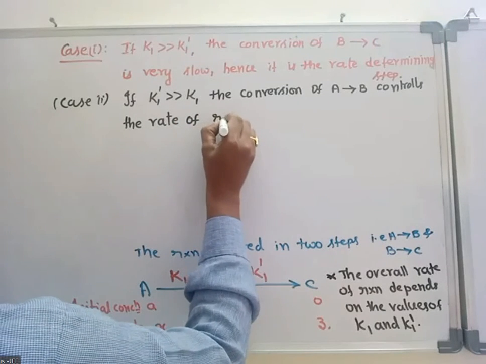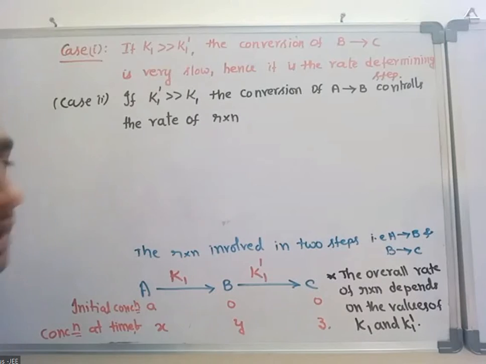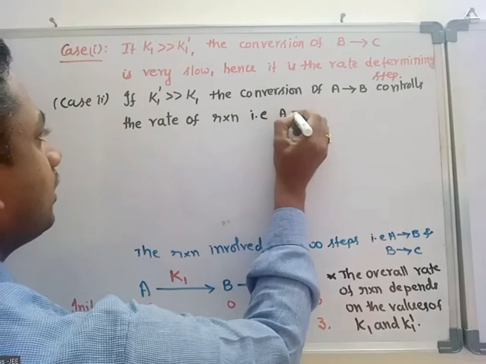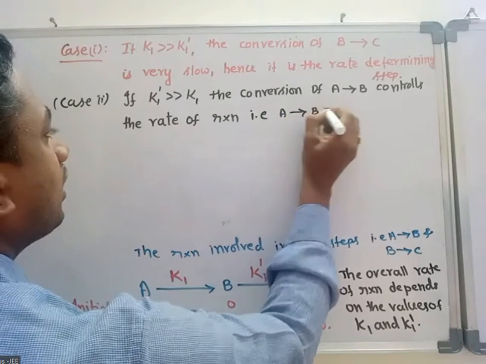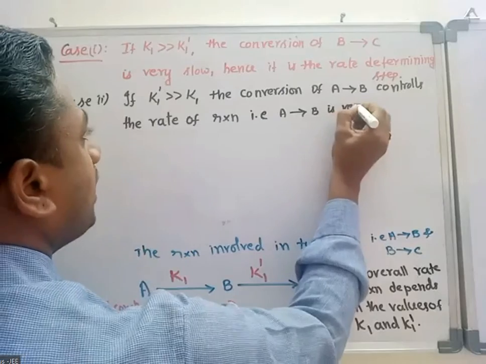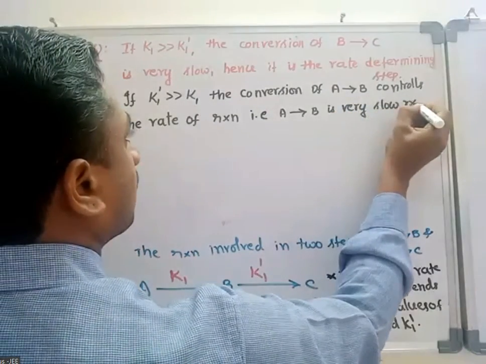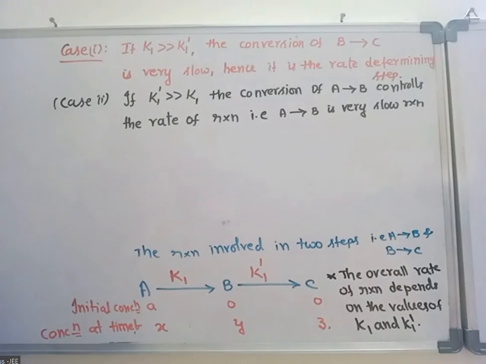That is, A to B is a very slow reaction. That's why the slowest step is the rate determining step.